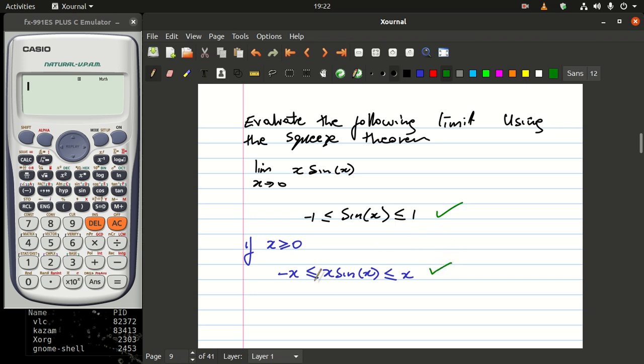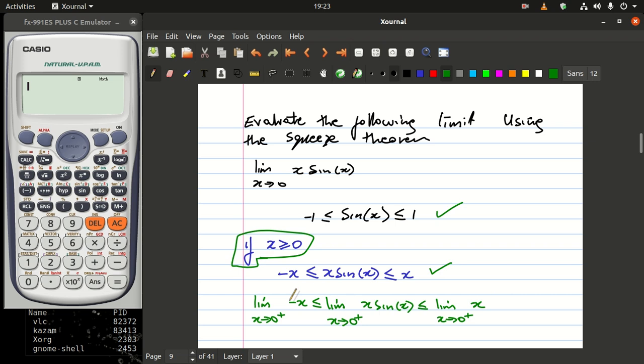And then the next thing is, remember that we are still only dealing with this condition here. So we are starting at the positive side of 0, the side on the right of 0. So the limit as x approaches 0 on the right of minus x must be less than or equal to the limit as x approaches 0 on the right of x times sine of x, and this must be less than or equal to the limit as x approaches 0 on the right of x.